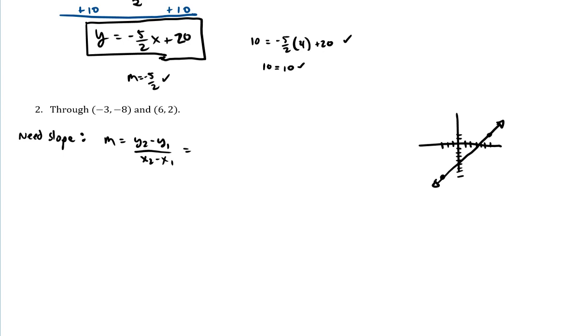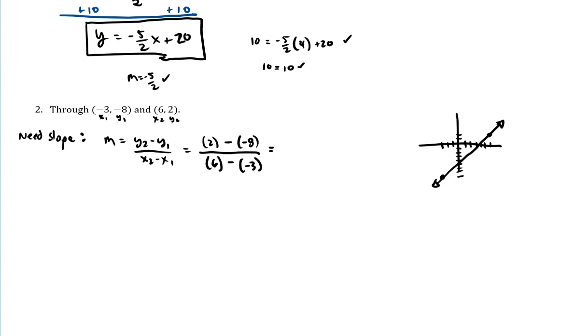All right, and then now let's plug in these values. Let's mark them. So this is our x1, y1, x2, y2. And when we plug them in, y2 is 2 minus y1, which is -8, over x2, which is 6, minus x1, which is -3.